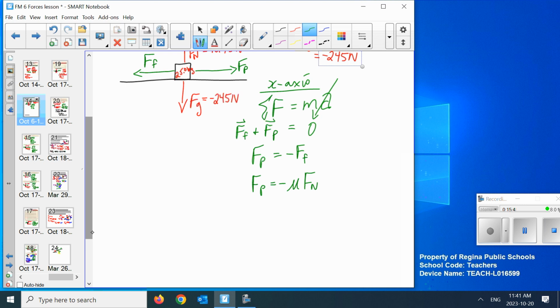If I look up something on here, you would have to have this. The mu values for certain substances, you can look them up in a table. Question? Yes?